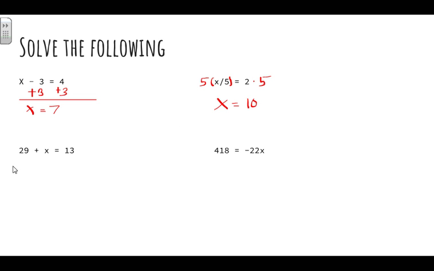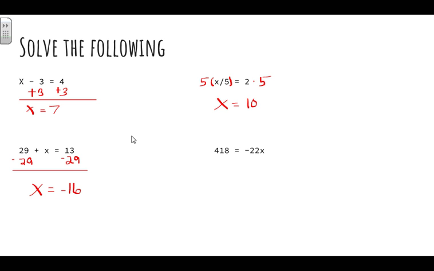Down here, 29 plus x equals 13. We're going to subtract 29 from both sides to find out what x is. In this case, x equals negative 16.